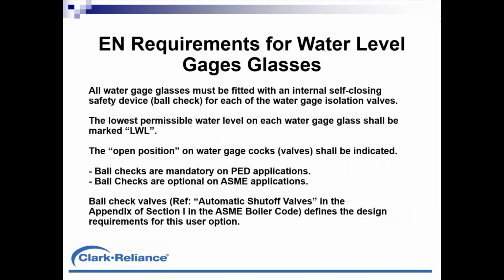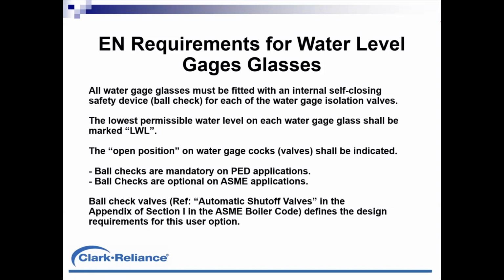Some of the other requirements, EN does require an internal self-closing safety device, commonly known as a ball check. They do not, however, get into the detail that ASME does as far as the requirements of these ball checks. The lowest permissible water level on each glass shall be marked.